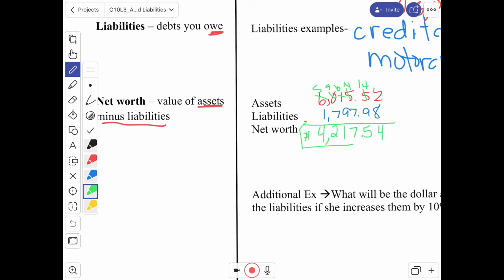The net worth is $4,217.54. That's a positive number. That means she had more assets than debt. Positive means that she owns more than she owes.